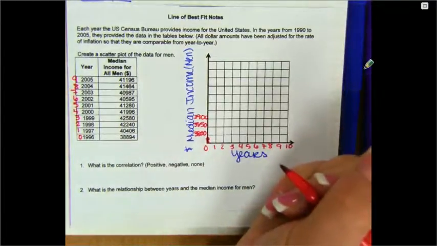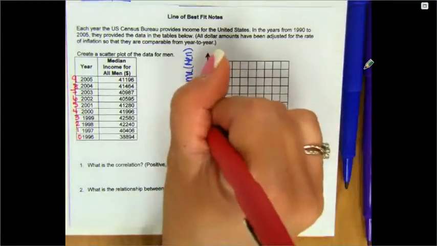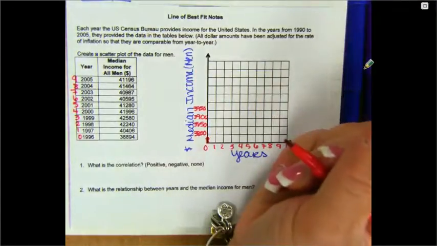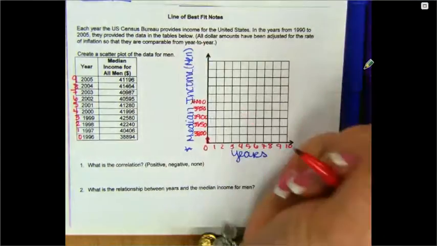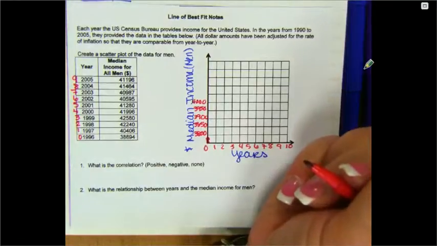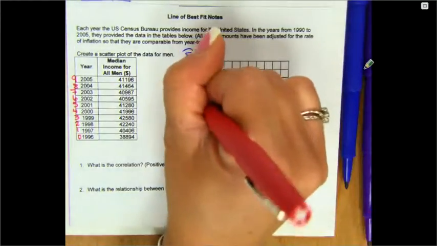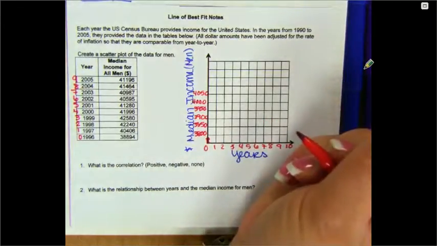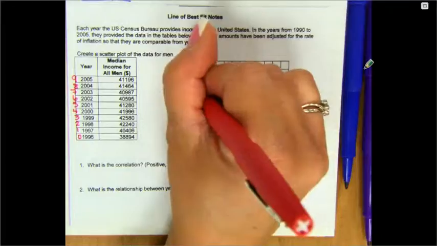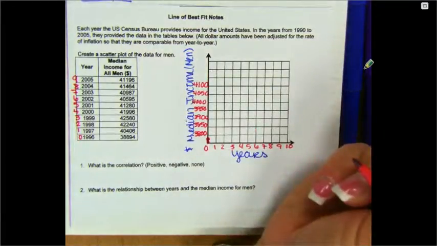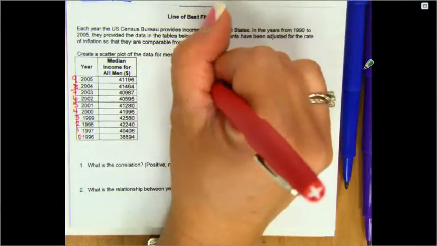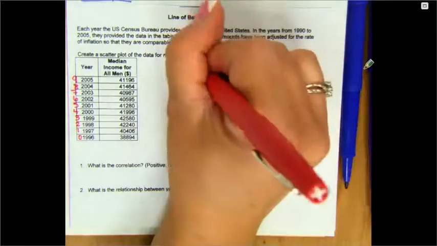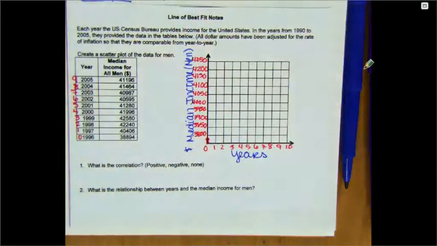Then what? 39,500. Then 40,000. Then 40,500. Then 41,000. Then 41,500. Then 42,000. 42,500 at the top. Make sense?